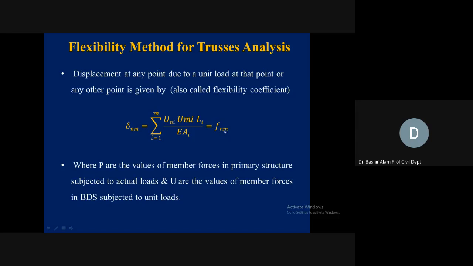If it is F12, these will also become U1 and U2, the product. This way we can find out the flexibility coefficient values. Now, where P are the values of member forces in primary structures subjected to actual loads, and U are the values of member forces in basic determinate structures subjected to unit loads. Now, any question?